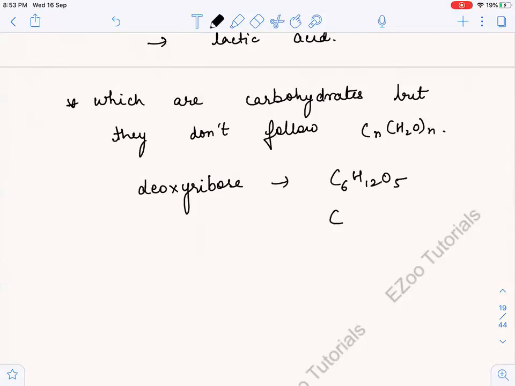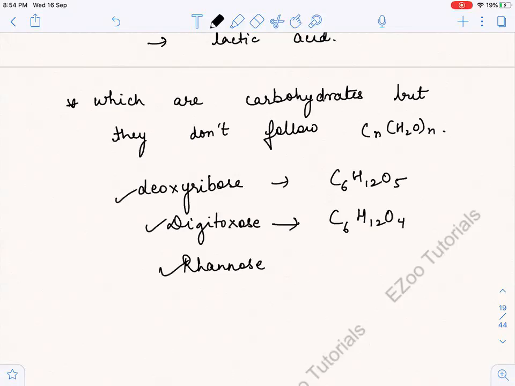C6H12O4. These are deoxy sugars, right? They don't follow the general formula of carbohydrates, but these are carbohydrates. I'm going a bit fast because we have already done many things in carbohydrates, so I don't want to just extend the class for the sake of extending.